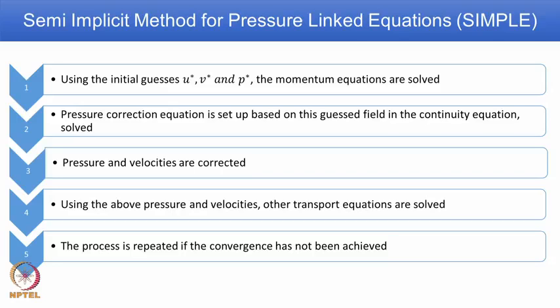When you solve the continuity equation, we get pressure correction term, and this pressure correction value is used to correct pressure as well as velocities. Using the above pressure and velocities, one can solve any other transport equation as well. The process is repeated until the convergence criteria is satisfied.